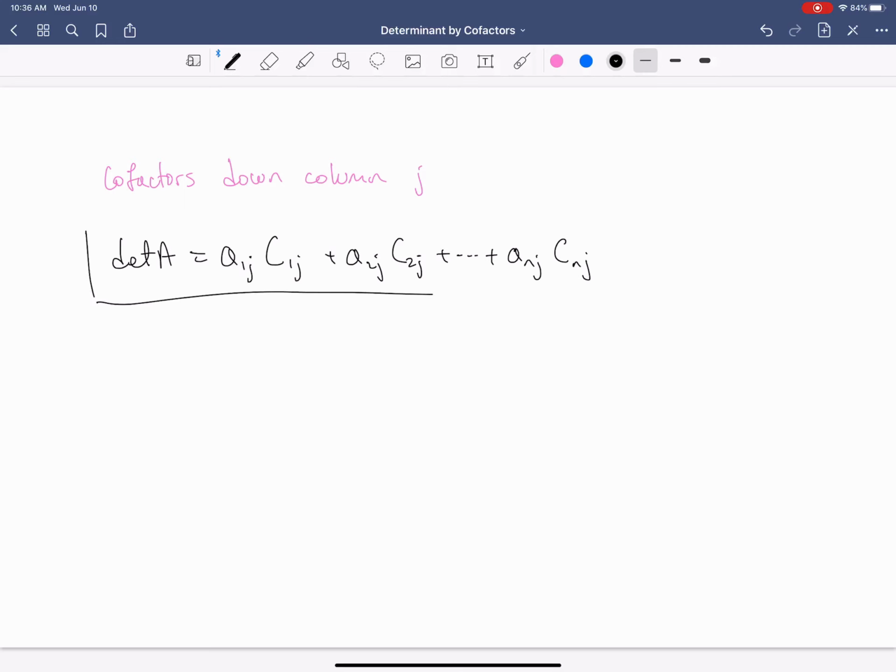Okay, so the point is you can either use expansion along a row or along a column. When are cofactor formulas useful? They're useful when your matrix has a lot of zeros. Otherwise, you get way too much to work with. So let me give you one quick example.